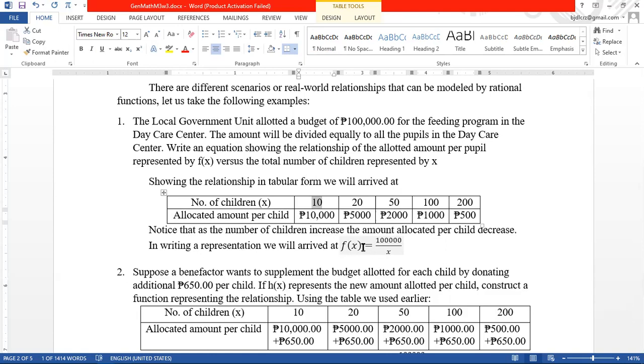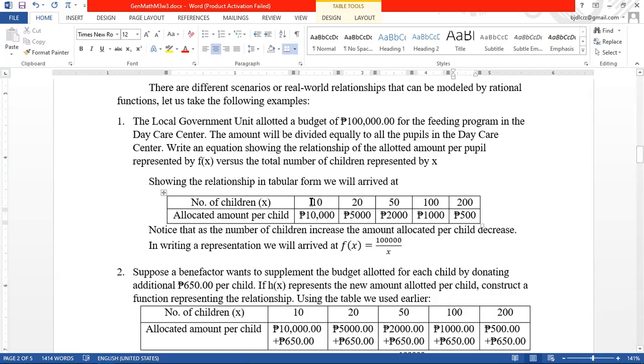If ever 20 ka buok children, naa puy 5,000, 50, tag 2,000 sila, 100, tag 1,000, and if 200 is tag 500. So notice as the number of children increases, the amount allotted per child decreases.